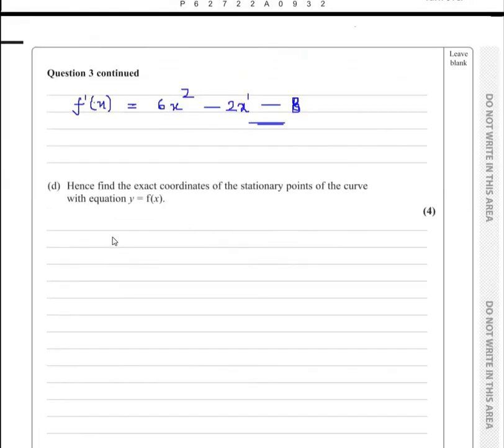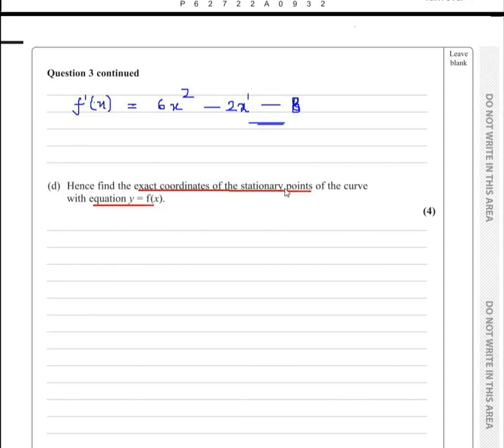Let us quickly look at part D of the question, the final part. Hence, find the exact coordinates of the stationary points of the curve with equation y equal to f of x.